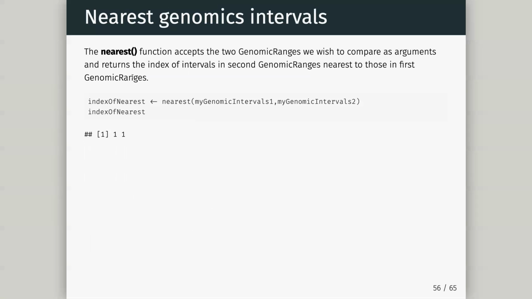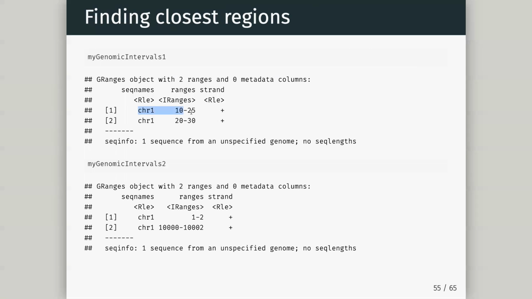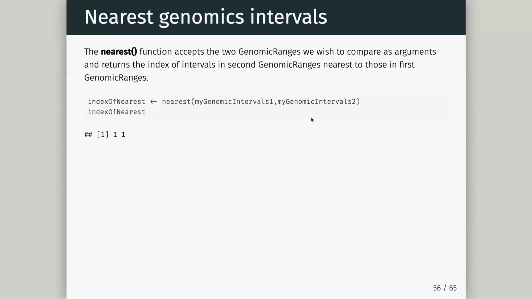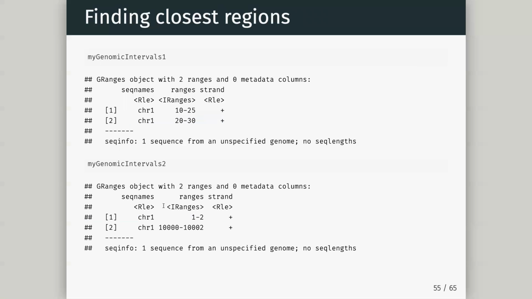So for the first one, we have 1, 1. The nearest to this one is this one, and the nearest to this one is also this one. So we have our nearest from our second interval set to all the intervals in the first, and we know that in this case, this is the nearest to both of them.